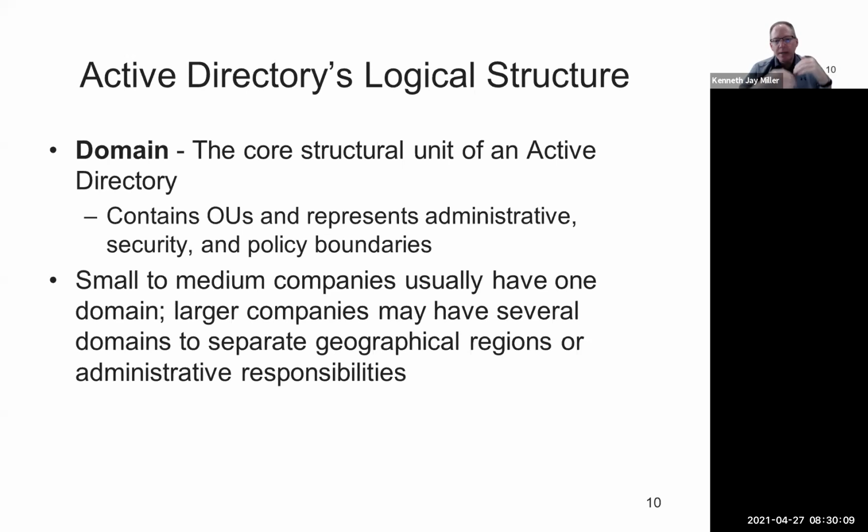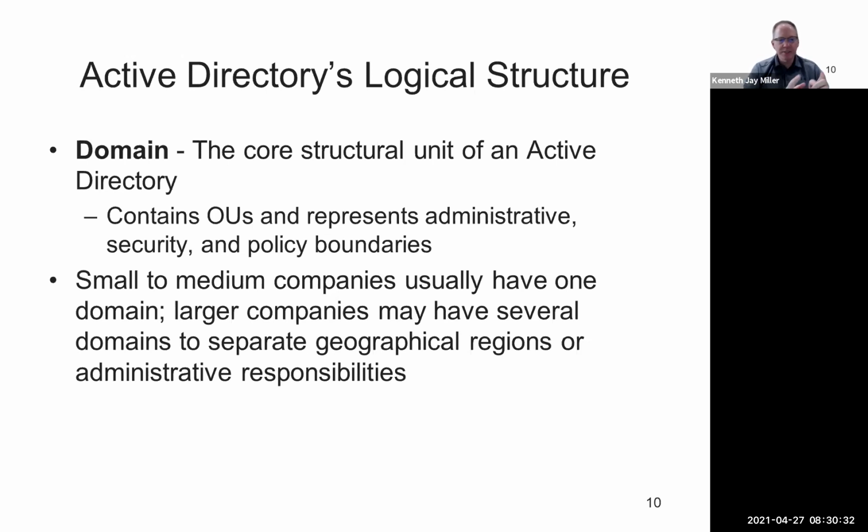Now, the next step up, right? The smallest is the OU. If we organize the OU on the org chart of a business, it's going to flow. It's going to make sense all the way through. If we did something crazy, let's say we just did an OU based on your last name.